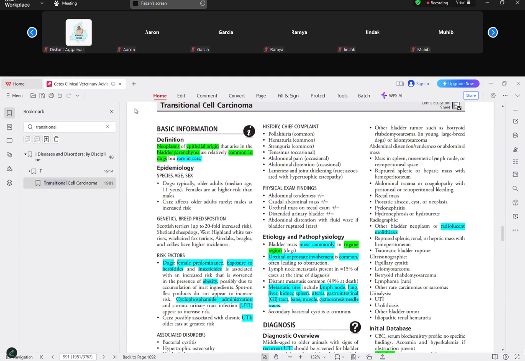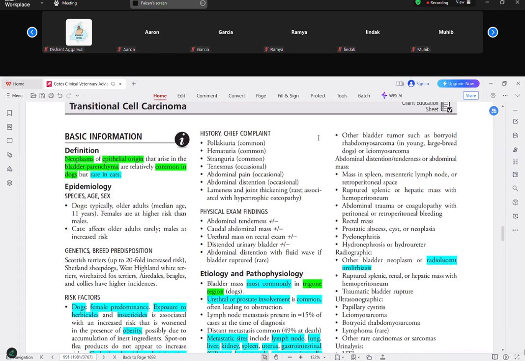For the case presentation of pyelonephritis, it could be like this. The animal has fever, abdominal pain, and on palpation, a large kidney. The animal is vomiting too.